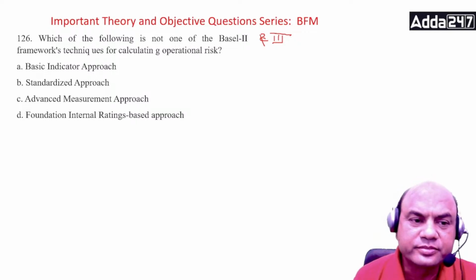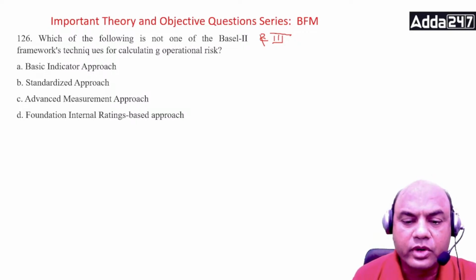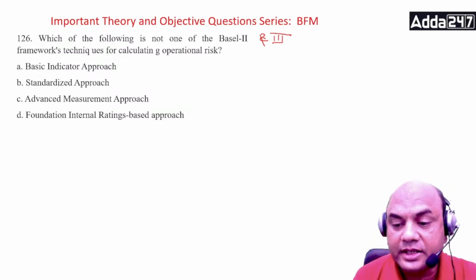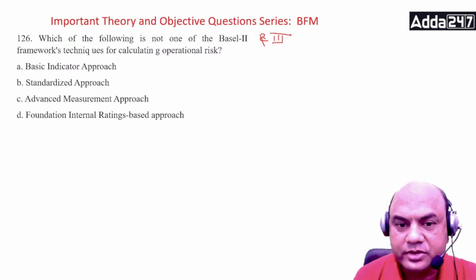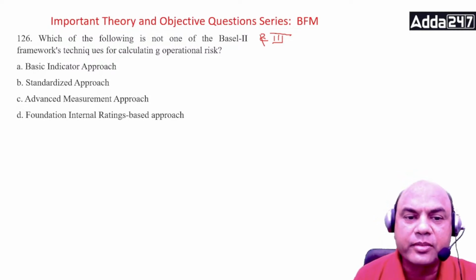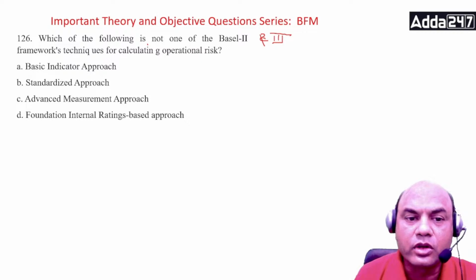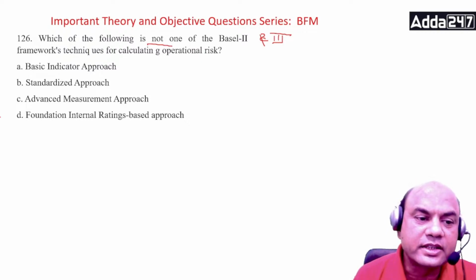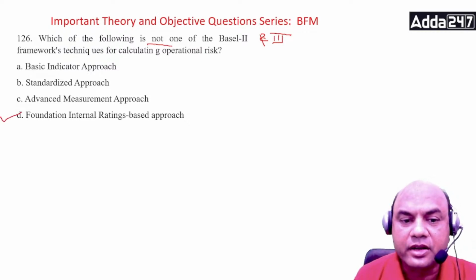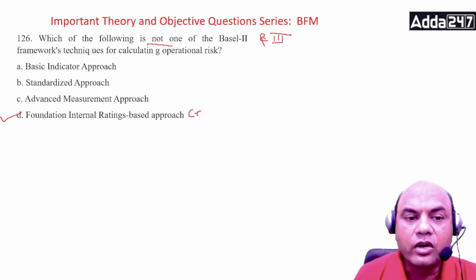Just now we saw that FIRB is for credit risk. Is it used for operations also? So the answer is D, FIRB, that is for credit. All the other three are for ops risk.